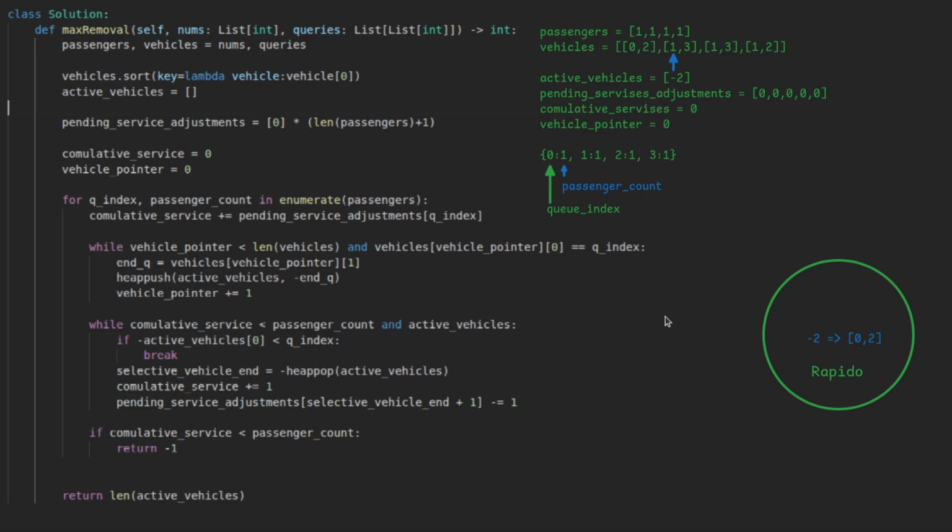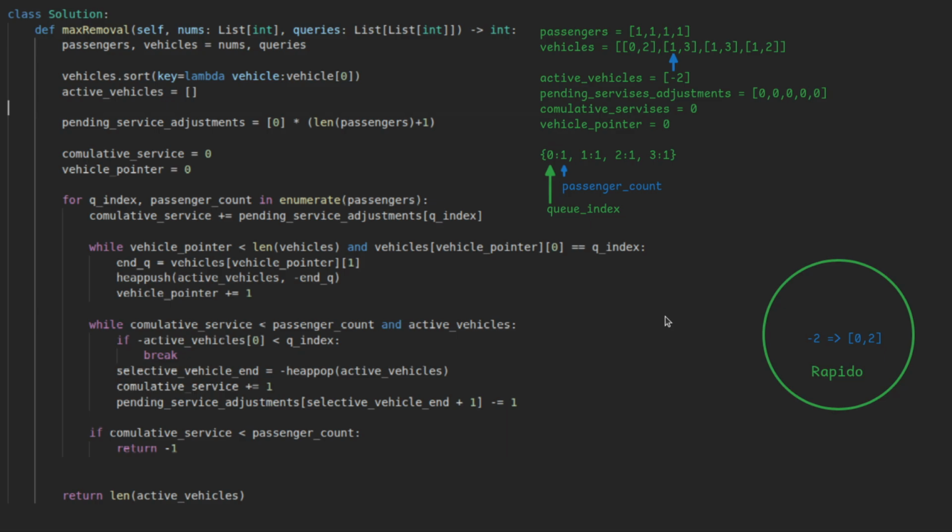So since my cumulative services is less than passenger count and I have active vehicles at my end, I have all these conditions satisfied. So I will be checking that if active vehicle is less than q index: my q index is 0 and active vehicle is 2, so 2 is not less than 0, so it will not break, right?